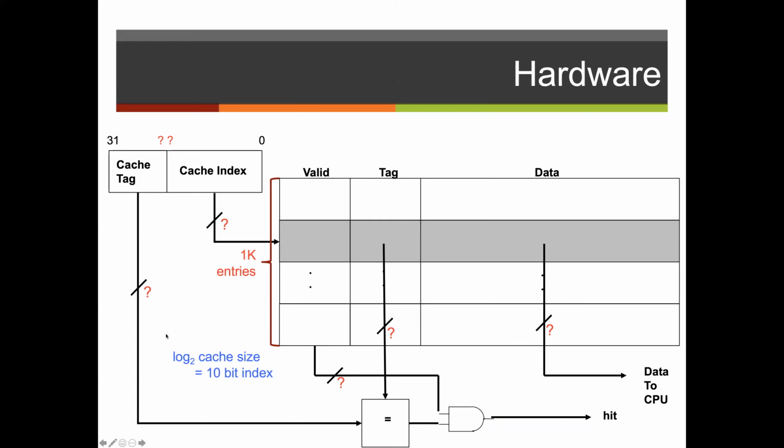We know that the log base 2 of the cache size is going to equal a 10-bit index. And so this means that if we do 32 minus 10, then we're going to have a 22-bit tag. So the cache index is going to be from 0 to 9, and the cache tag is 10 to 31.